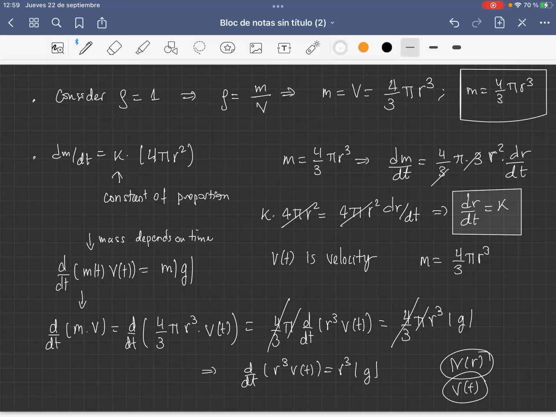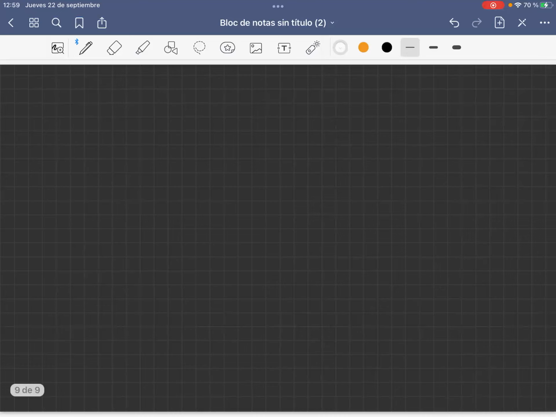So what we have to do is just to introduce the chain rule to change the derivatives to achieve what we actually want, which would be the velocity depending on the radius. So if we do that, we simply have to use the chain derivation rule, and that means that we have to introduce the radius variable. That would be the chain rule.